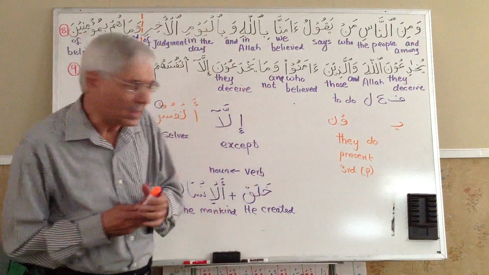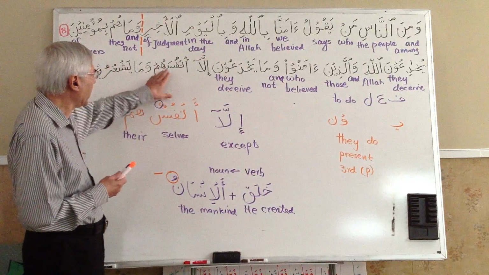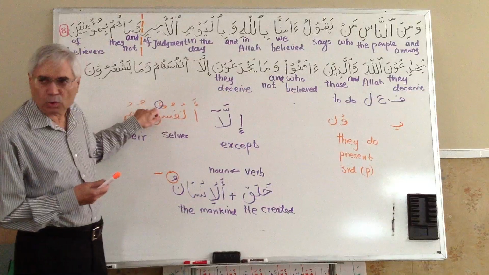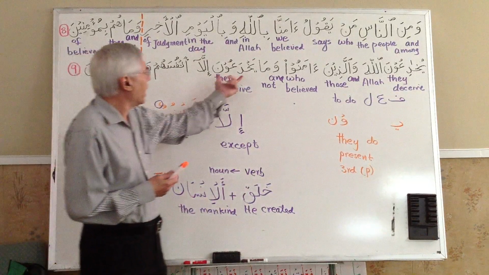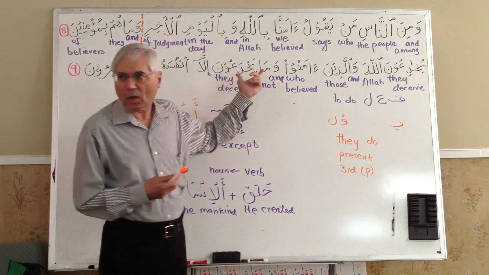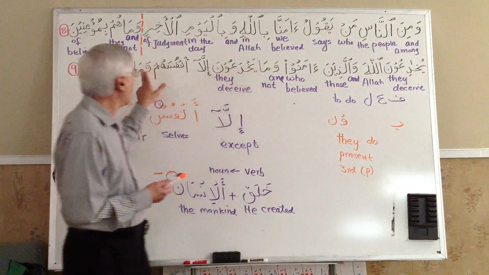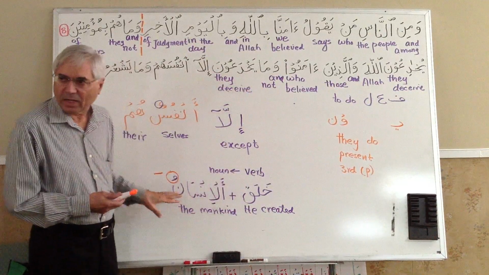Khalaqal insana. The reason I use this one is that this word is actually anfusuhum, which is a noun. And before that is a verb, yakhda'una. So the noun is coming after this verb, just like here.